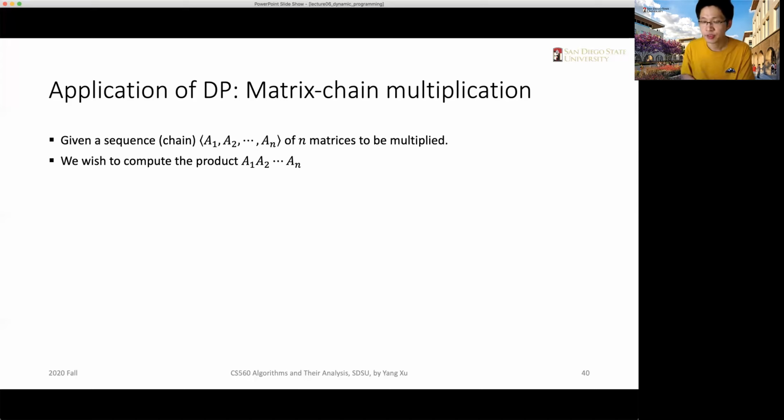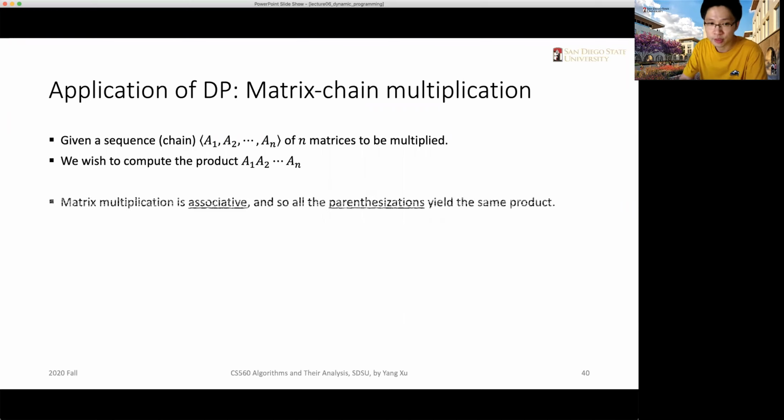We have n input matrices, and according to the naming convention in linear algebra, we use a capital letter A to indicate a matrix. The matrix is a two-dimensional data structure. We have rows and columns, right?